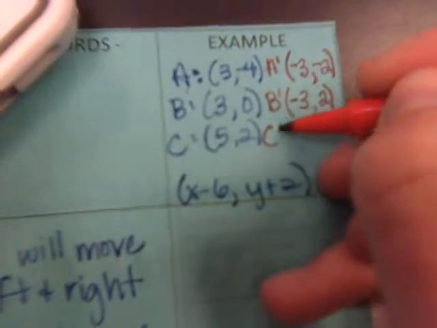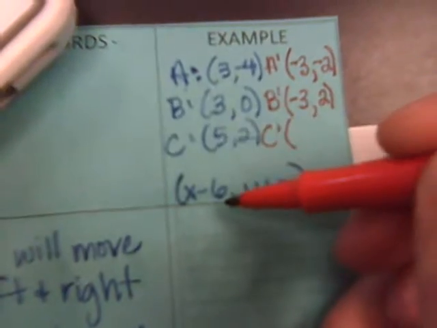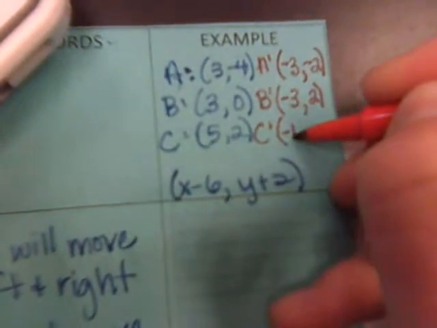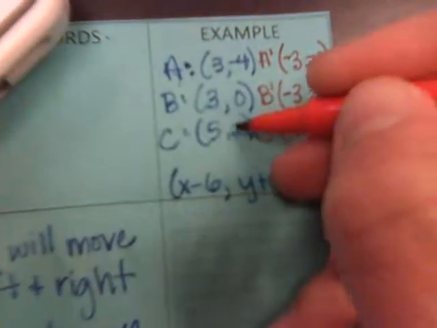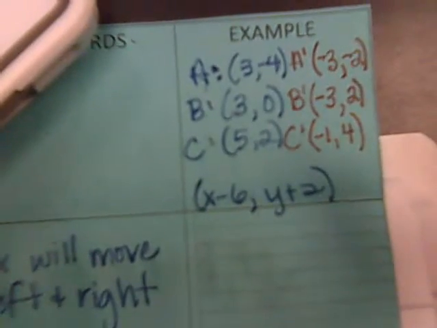And then for C prime, 5 minus 6 is -1. 2 plus 2 is 4. So those should be my new coordinates.